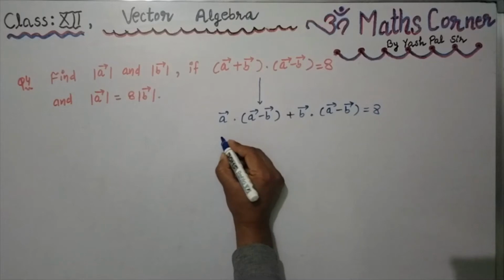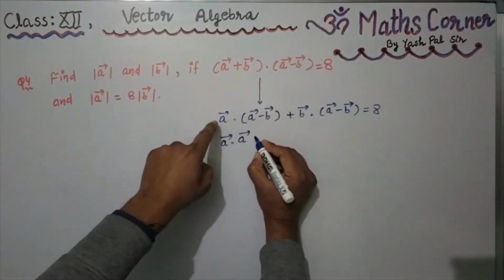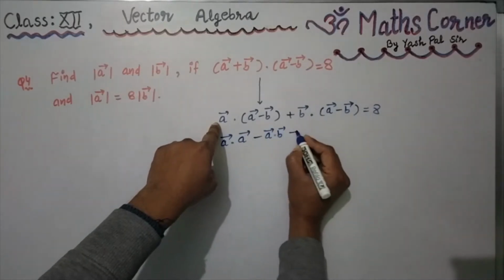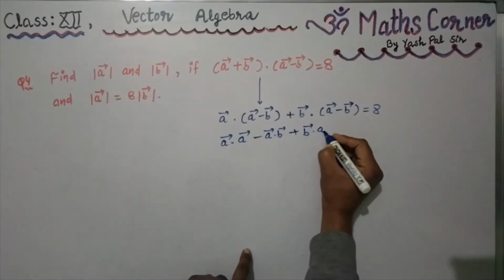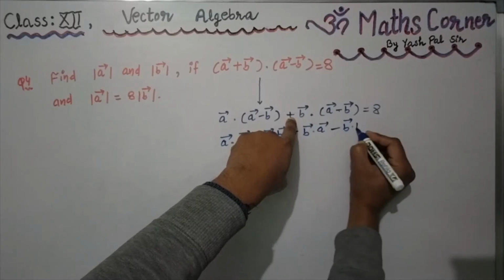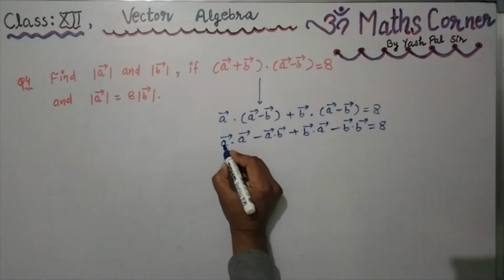Now A dot A, minus A dot B plus B dot A, minus B dot B is equal to 8.